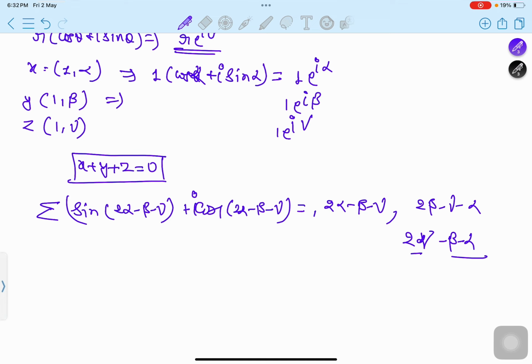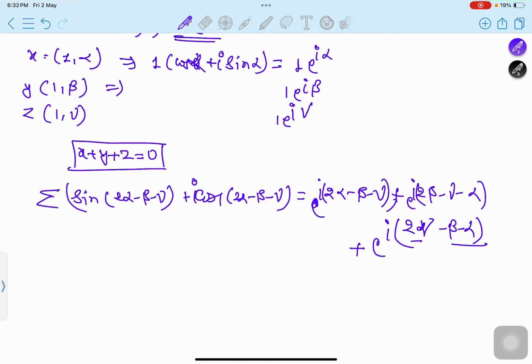So convert to e power iota theta, possible, right? So the addition like this summation, because cos theta plus iota sin theta converts to e power iota theta, like this.